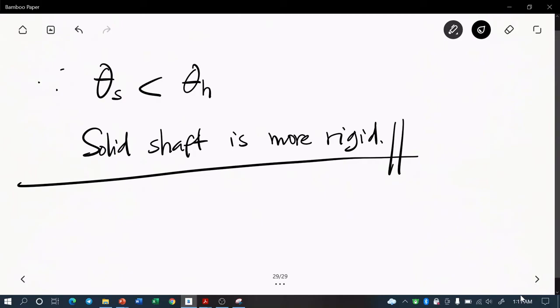And the third requirement is the torsional deflection. Torsional deflection is the angle of twist of the cross-section of a shaft when it's subjected to torsional stress.